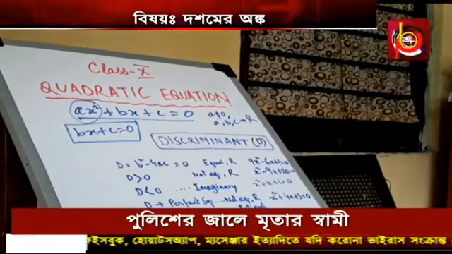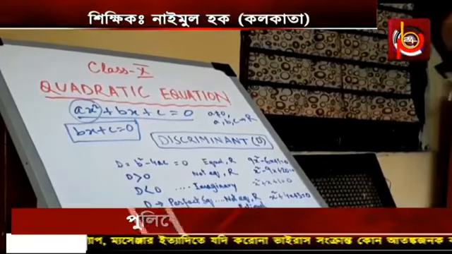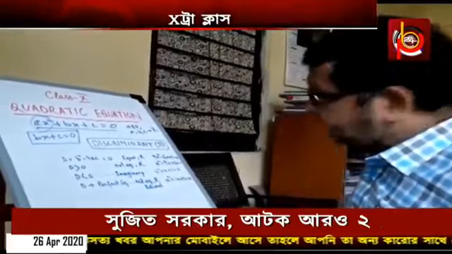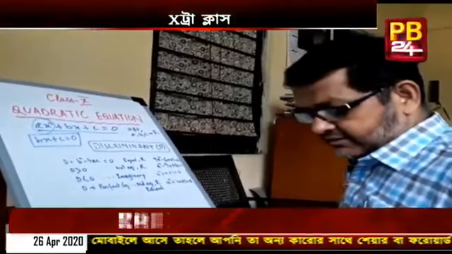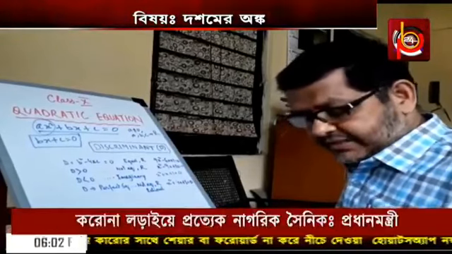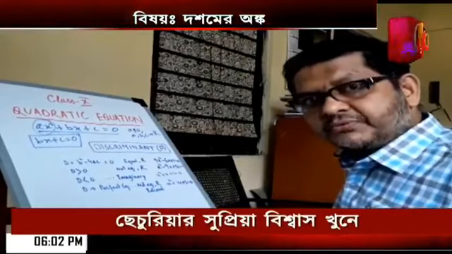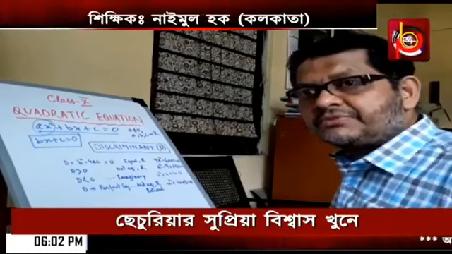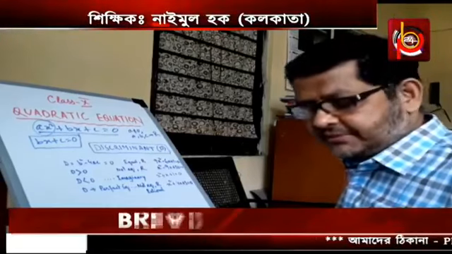So today we will go through the syllabus: nature of roots, formation of quadratic equation, solving a few problems on roots, and lastly some word problems which come in various board exams.